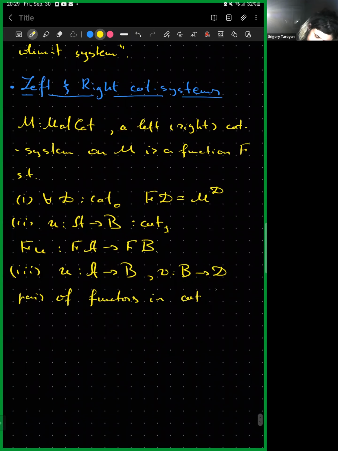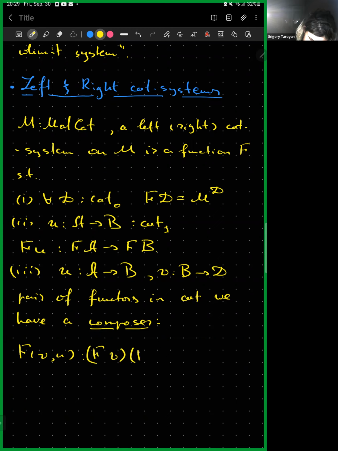This is defined as a natural transformation, which in the case of a left system goes from the composition of functors between diagram categories to the functor to the value of this system or this function on the composition.